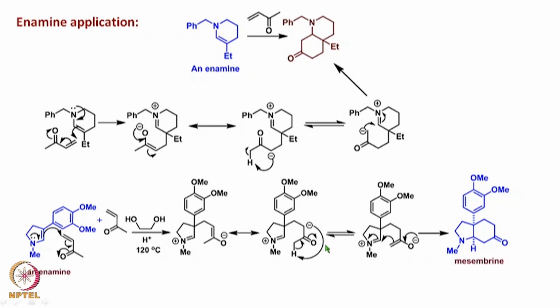However, we know that there are some problems associated with enamine chemistry, and thus there should be some other way of addressing these issues. So from that angle, we will look at other aspects of CC bond formation, and the further developments that have taken place.